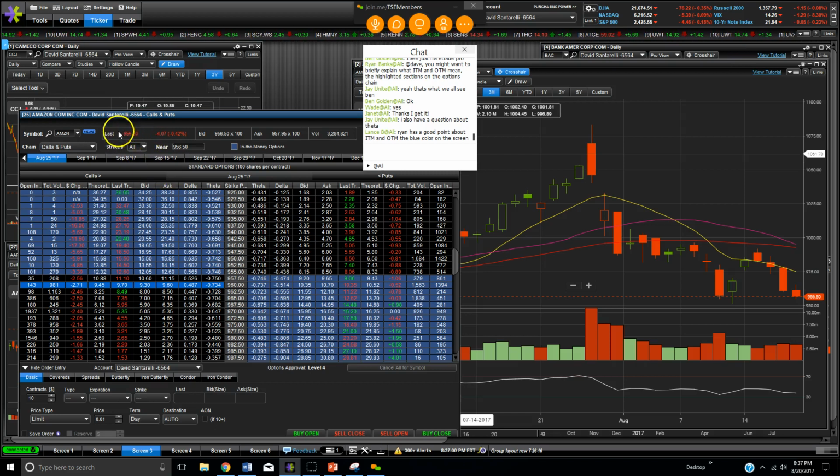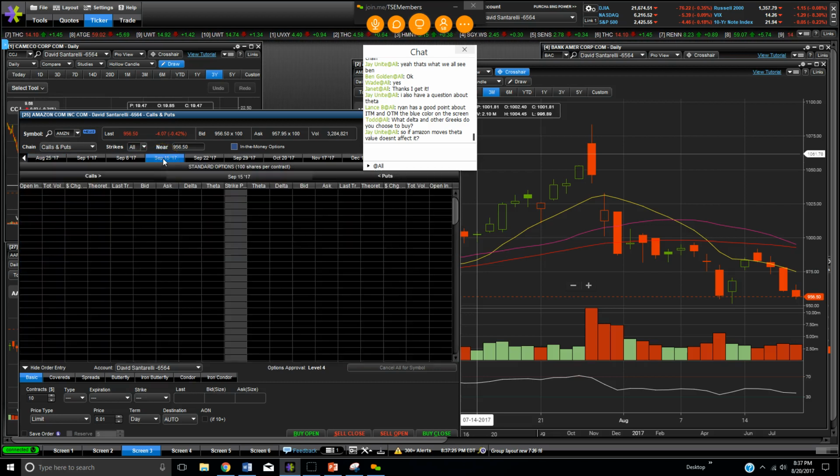So if Amazon just stayed here, we're losing 73.5 cents per day in time value. Like we said, time is on your side. The further out you go, the lower this is going to be. So watch, if we click September 15th expiration, the 960 strike, here you see it at 73.4 cents. If we go to September 15th, this is going to drop drastically. Watch this.